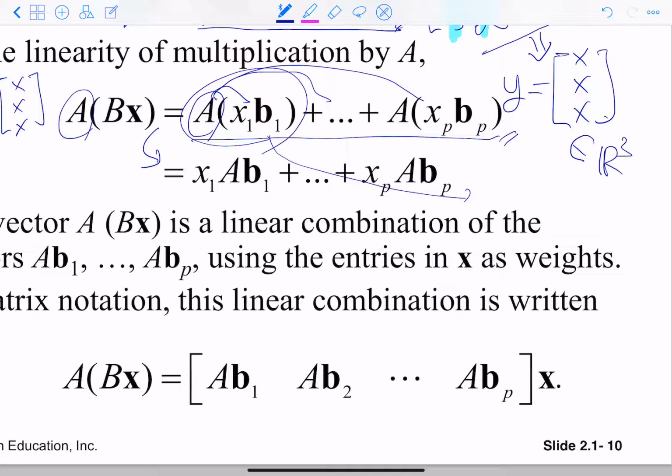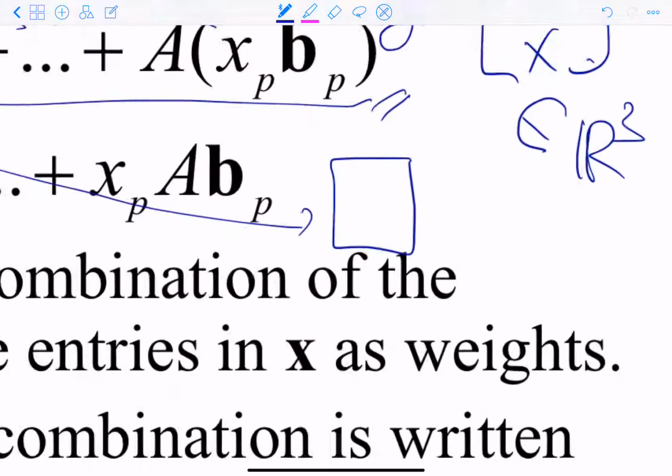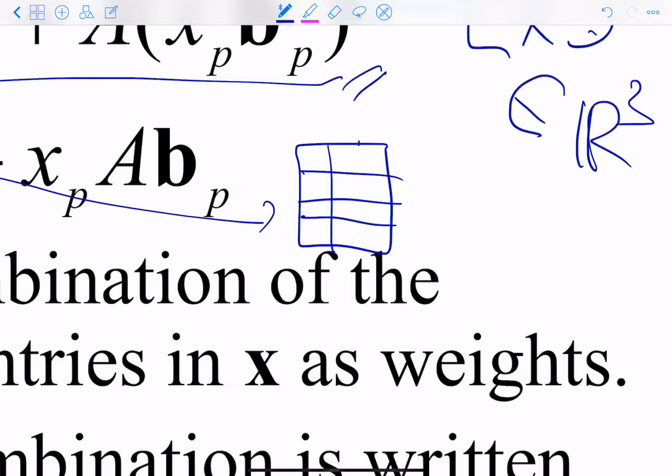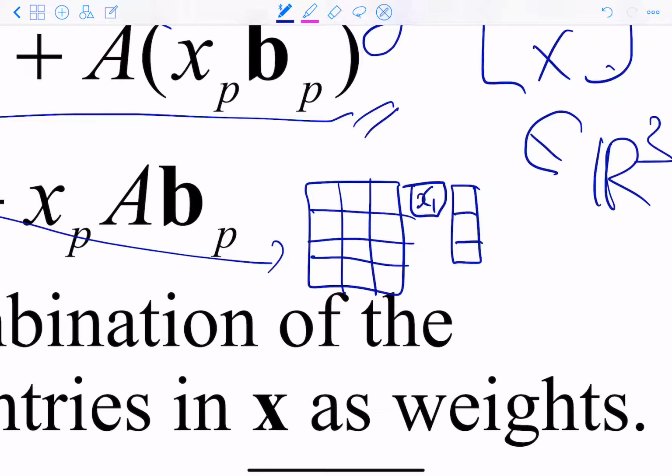Here we have A, which in this particular case is a 4 by 3 matrix. This will be our input vector, but it is not just B1, it is a scalar multiple of B1 with respect to the scaling factor x1. So we have x1 over here, and this is B1, and this is A, right?